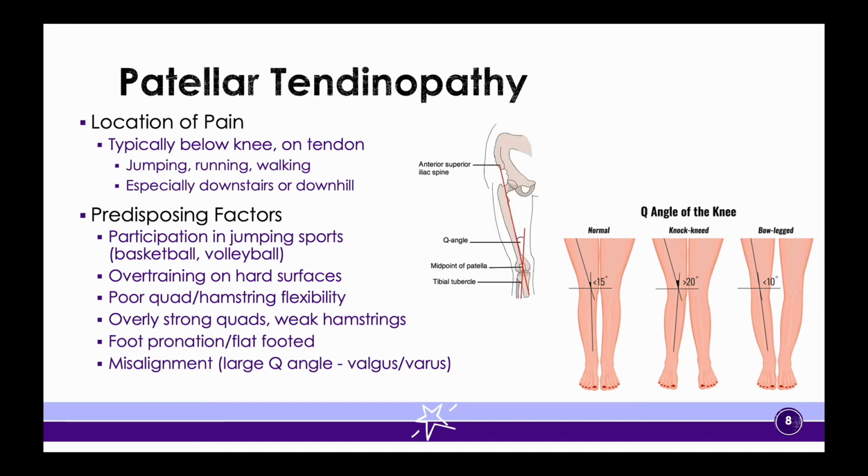So when we take a look at a Q angle, if we were to draw a line straight down the tibia, so here you can see it coming straight down from the patella, from the femur to the tibia that we have located here, and also draw a line from the anterior superior iliac spine, so that's the very front of that iliac crest, and draw that line straight down all the way through the patella.